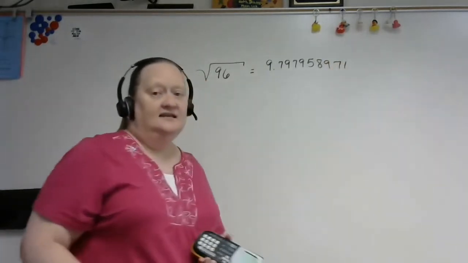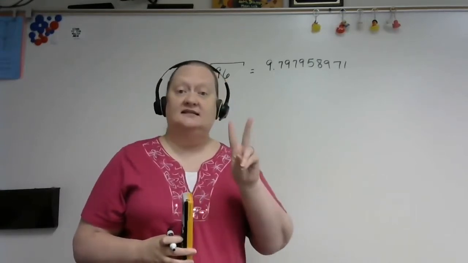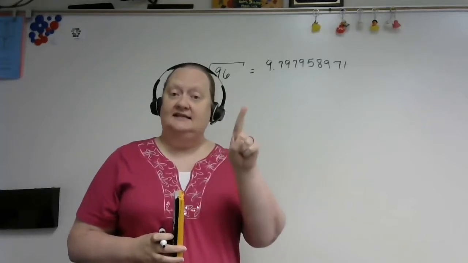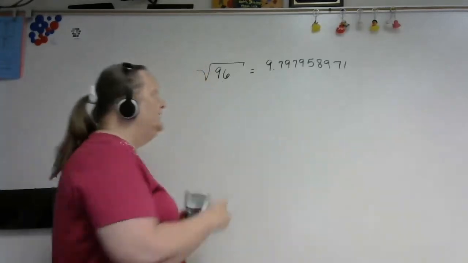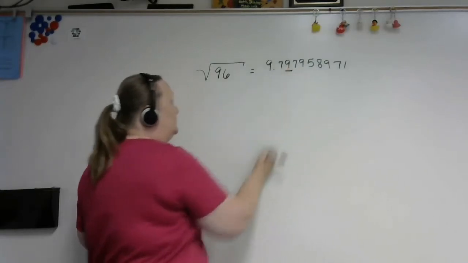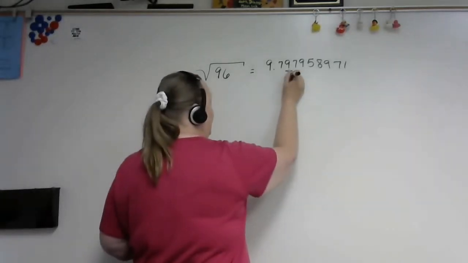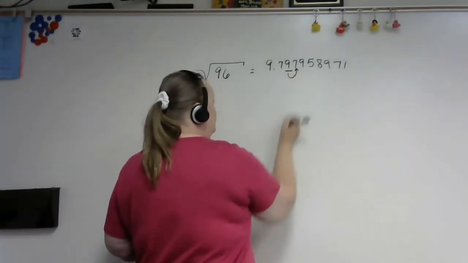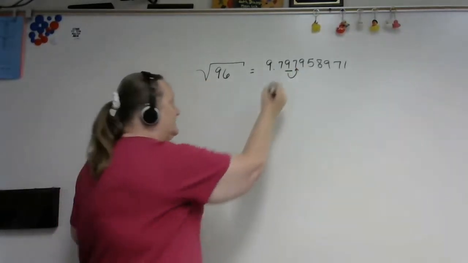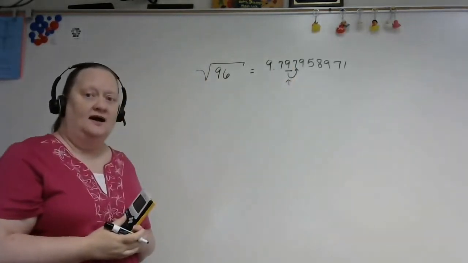9.7997958971. And in this case, let's round this to the nearest hundredth. The nearest hundredth is the second decimal place: tenths, hundredths. So we look to the next decimal, which is a 7. That means this decimal place will round up.